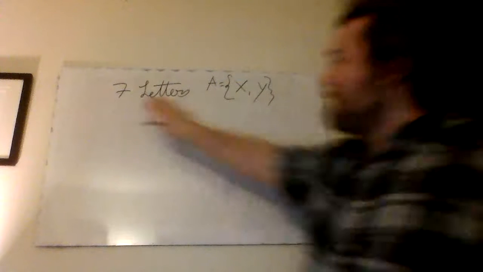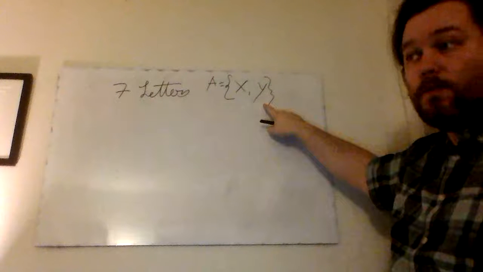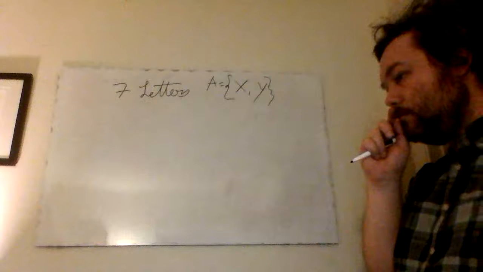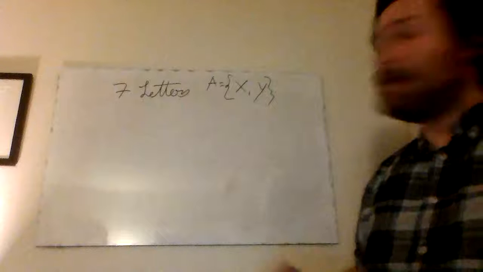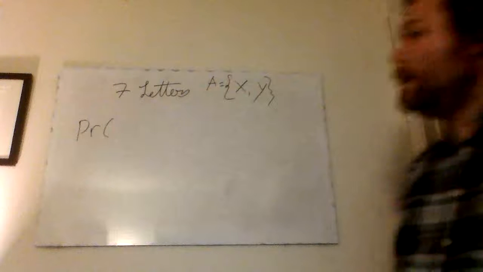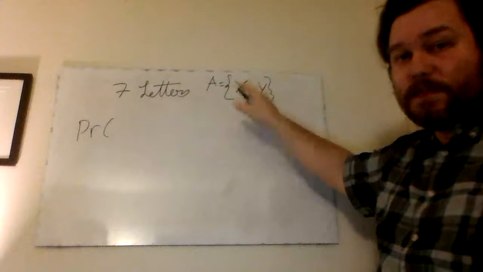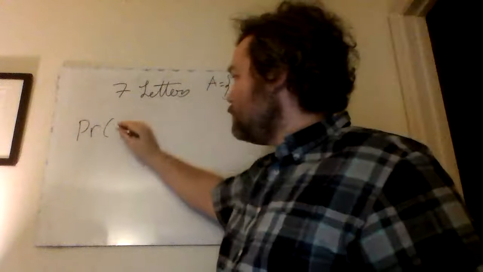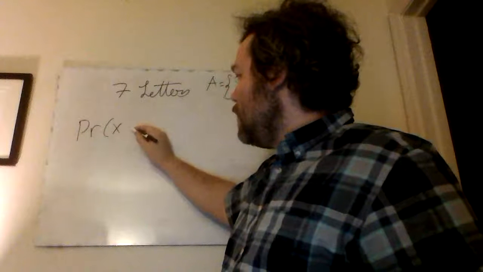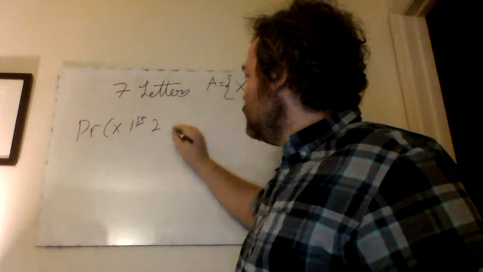So it's 7 letters long, but you only get the choices of X and Y. What if you're asked the probability of finding X for the first 2 slots, the first 2 letters?